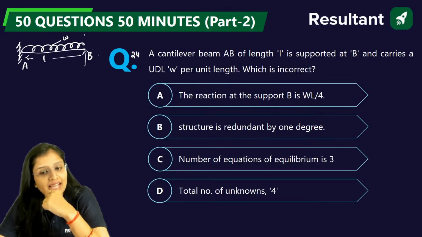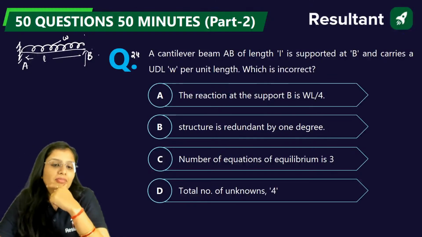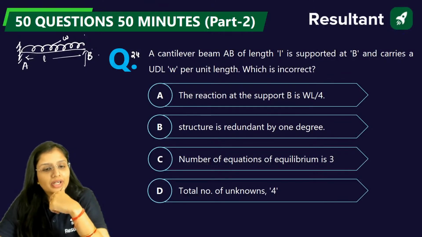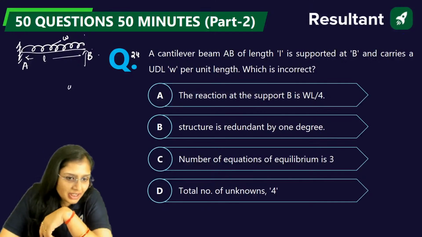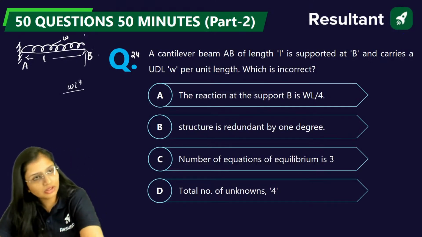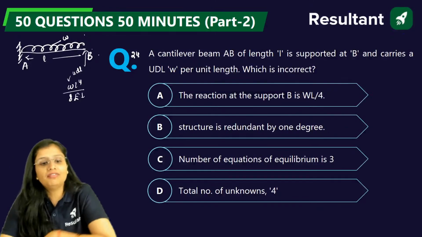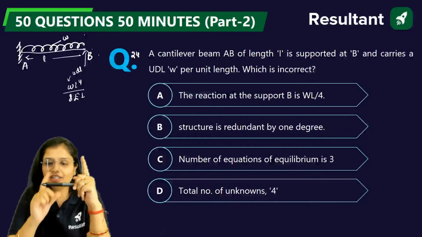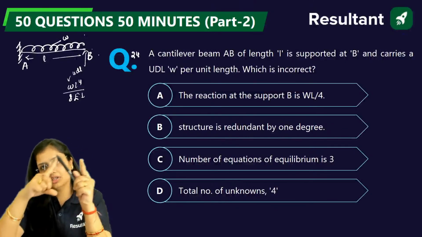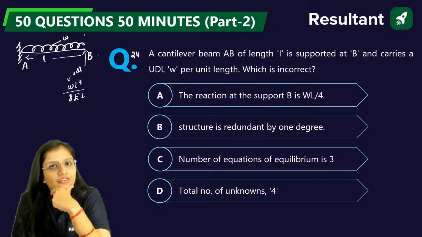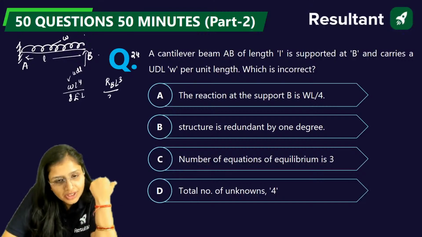Now let's just calculate the reactions, because firstly it is asking you the reaction. Let us suppose only this UDL was acting, what would have been the deflection? WL⁴/8EI, if only due to UDL. Now, suppose the UDL is not there, this is a cantilever and you are getting a reaction at the free end due to this load, which gives RB L³/3EI.